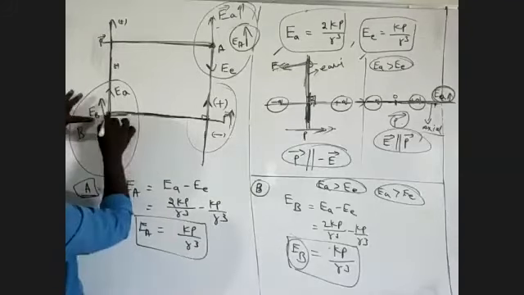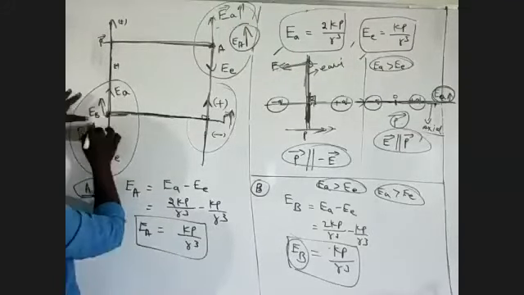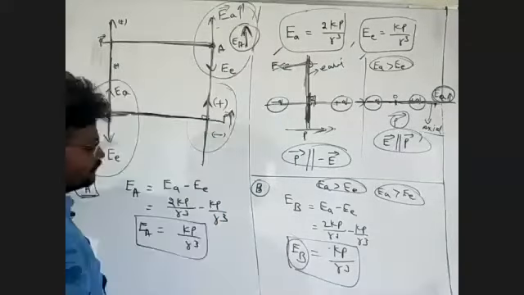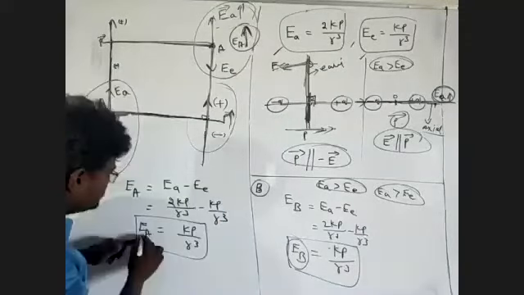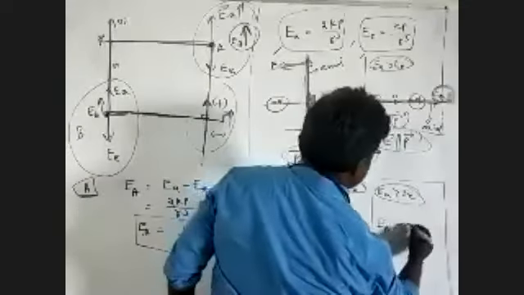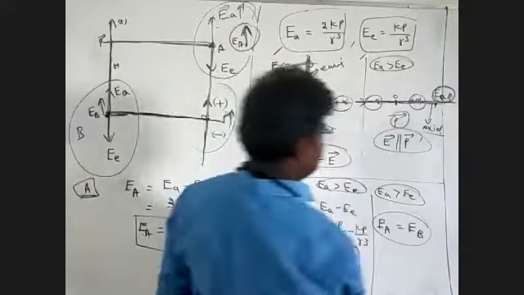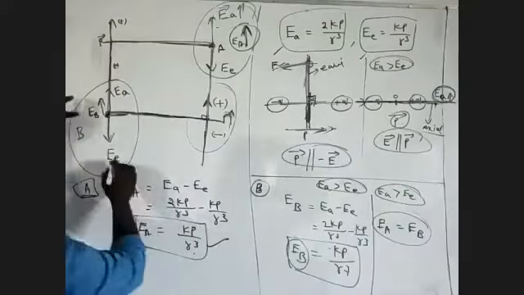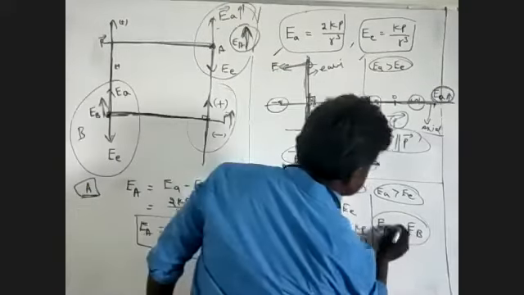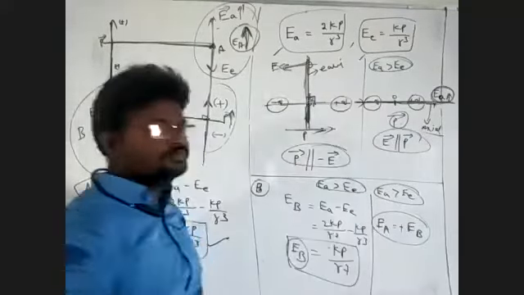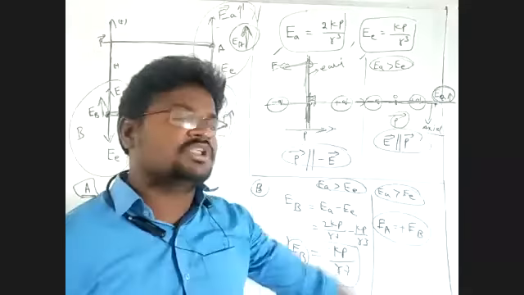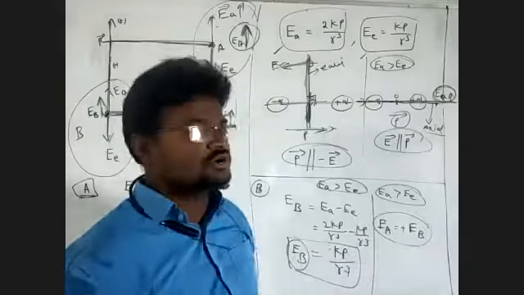At this B point, EB is in the upward direction, and EA is also upward. EA value is kp by r cube, EB value is kp by r cube, so EA is equal to EB. The magnitudes are equal, and the directions are also the same. So you will give the positive sign, which indicates that EA and EB are both in the same direction. That is the conclusion for this model.